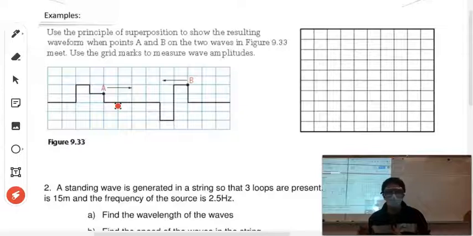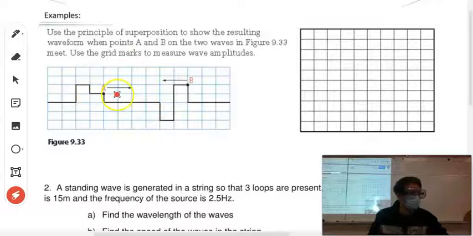And the question says, what will they look like when one is perfectly over top of the other? Okay, well, if they're perfectly over top of each other, then this portion here will be over top of this portion here, and similarly, this one here will be over top of that portion there.